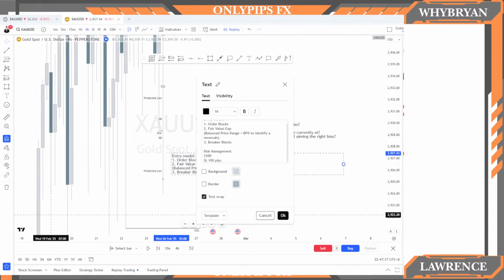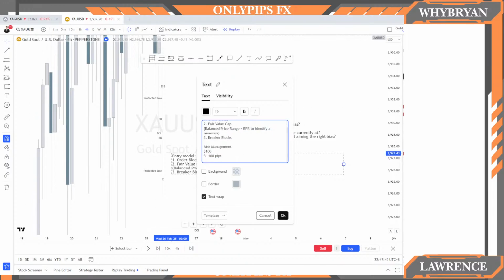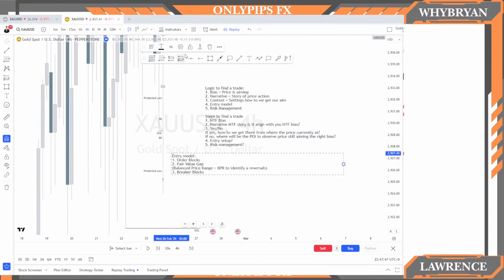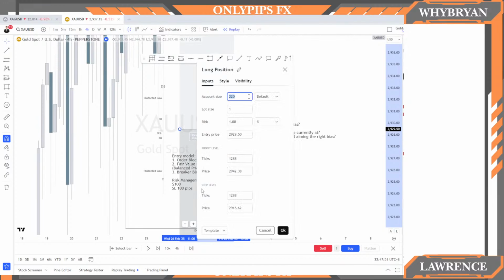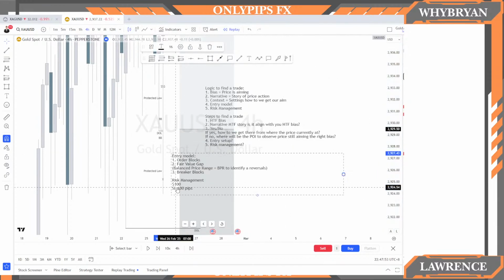So you just take your dollar value itself. Let me see, what is this called? Ticks. Okay. So the ticks itself is 1000 ticks.